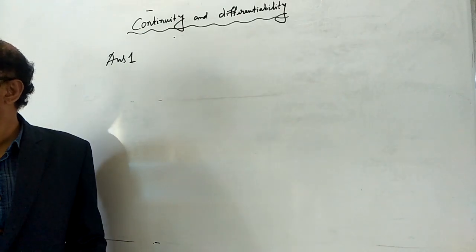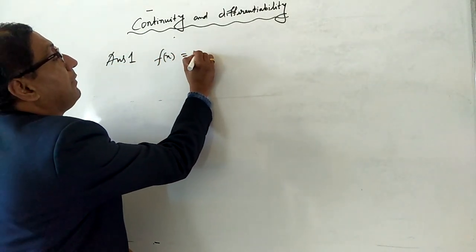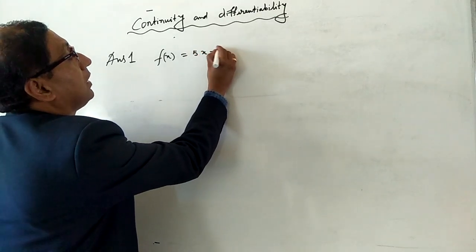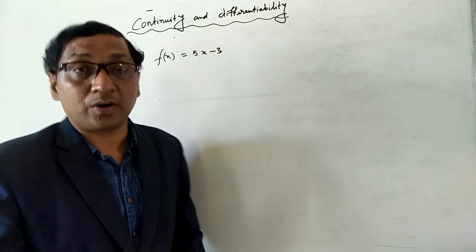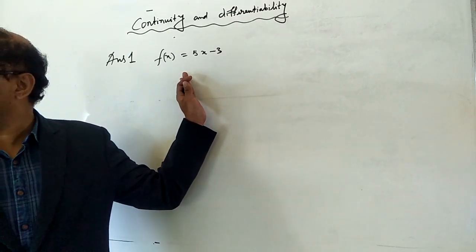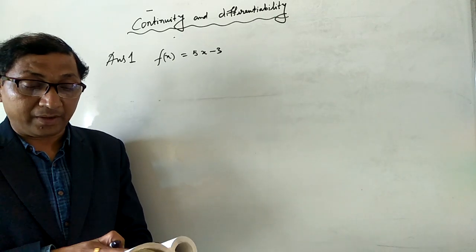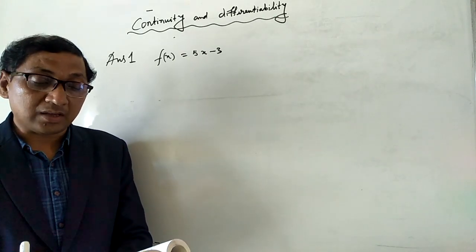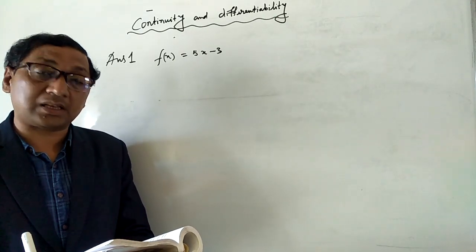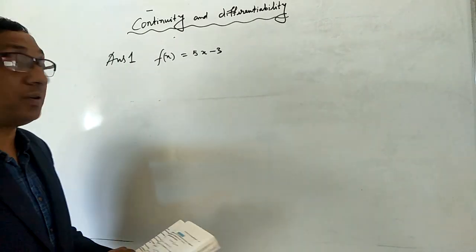Here f(x) is 5x minus 3. We have to check whether this function is continuous at x equals 0, at x equals 3 and at x equals 5, at x equals minus 3. I am showing one out of these three and the other two you will do. So I am showing at x equals 0.